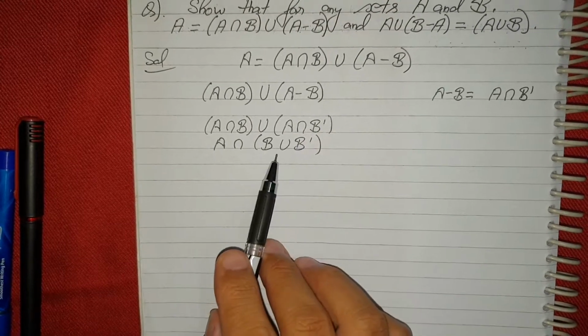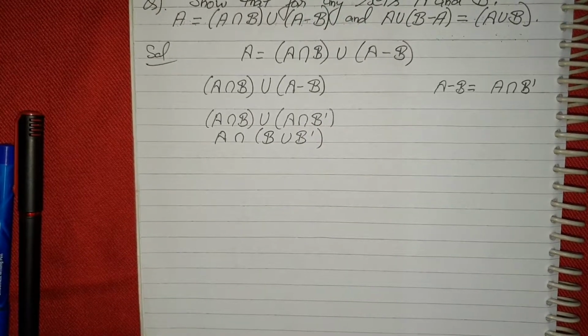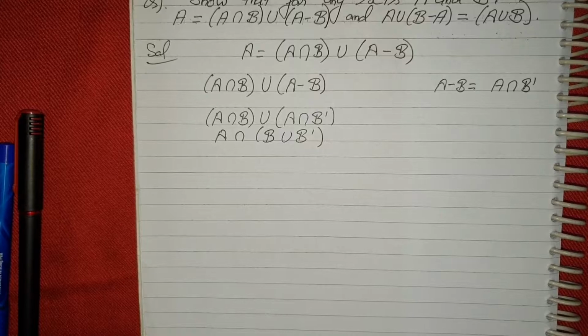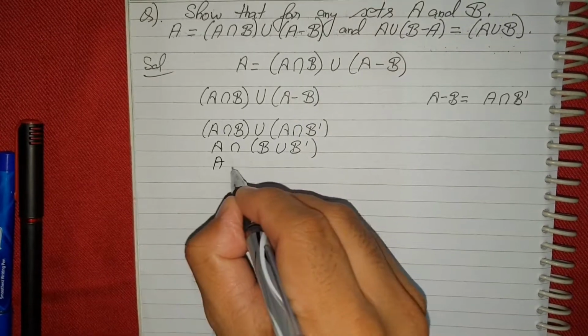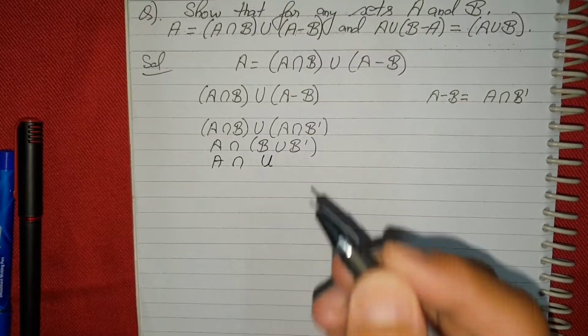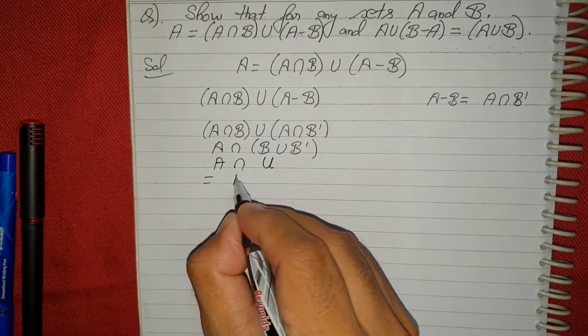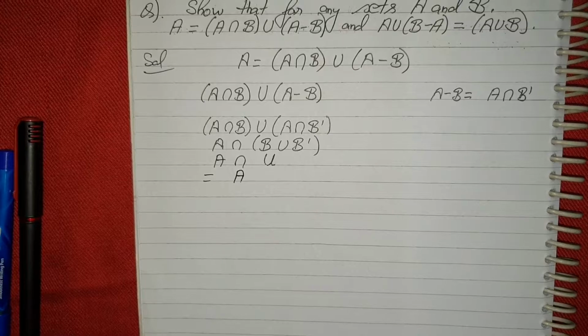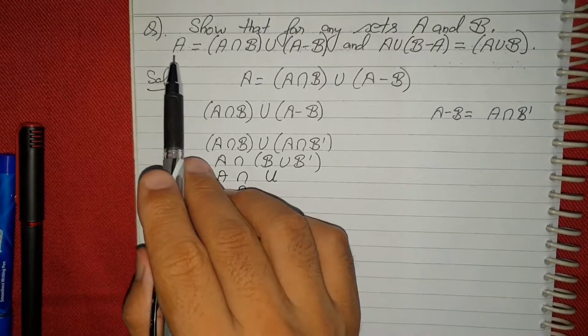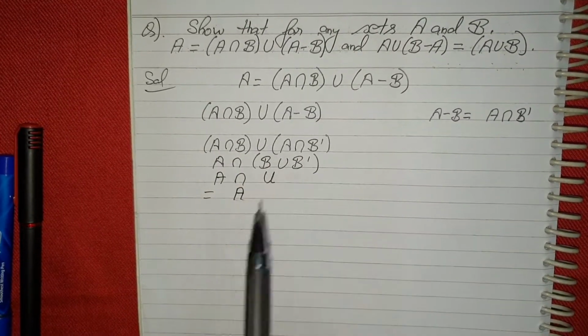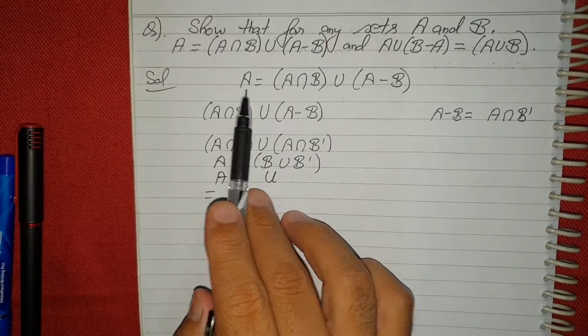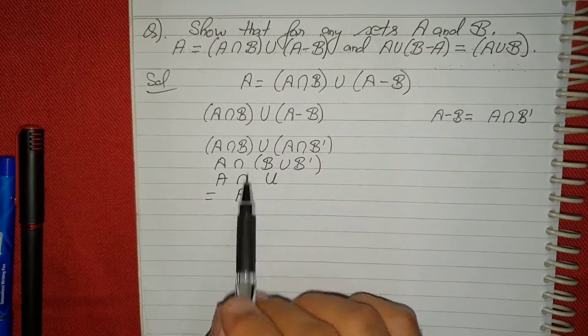So A intersection B union B dash. Now what is B union B dash? B union B dash is the universal set. So what we will write is A intersection the universal set. Now what is A intersection universal set? Which is A only. Hence the first part is proved. So we started with RHS, this equals A.